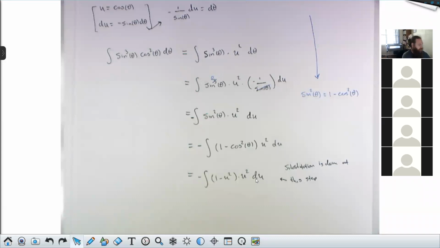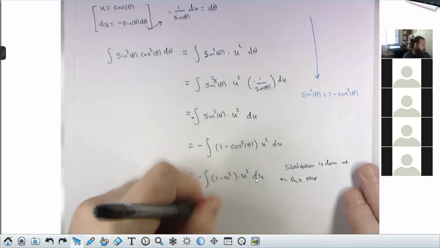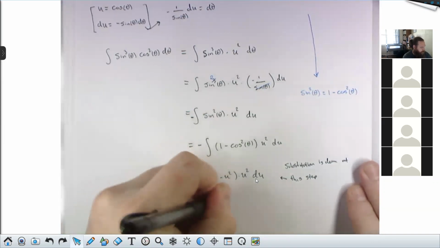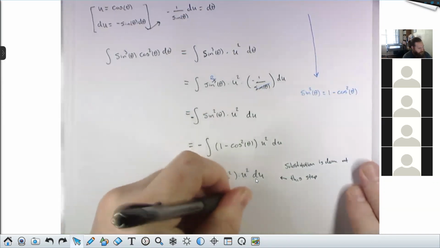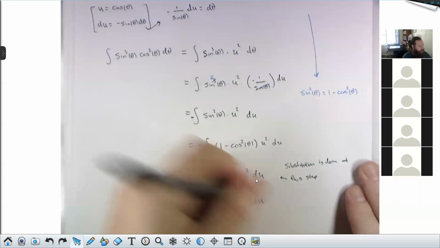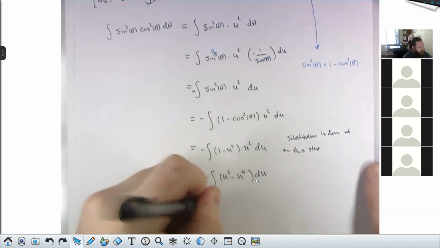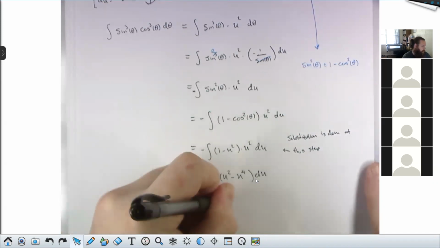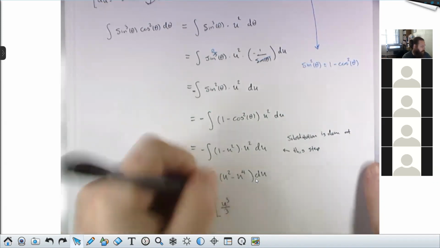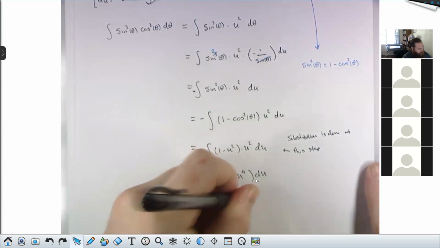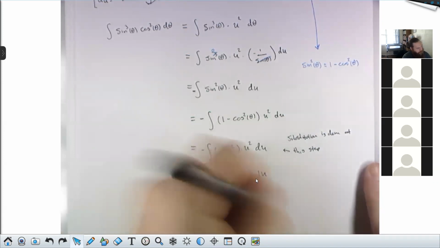And this is not a difficult thing to integrate. I've got negative integral, distribute the u squared. I get u squared minus u to the 4 du. So that's going to have an antiderivative negative bracket u cubed over 3 minus u to the 5 over 5 plus c.